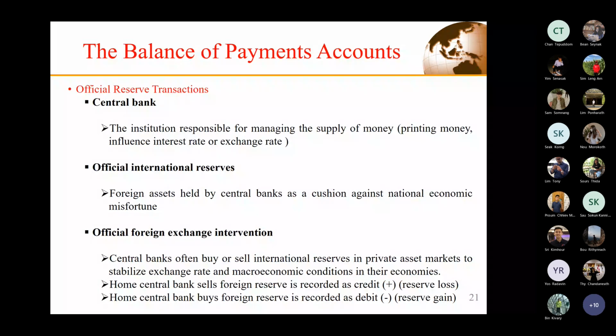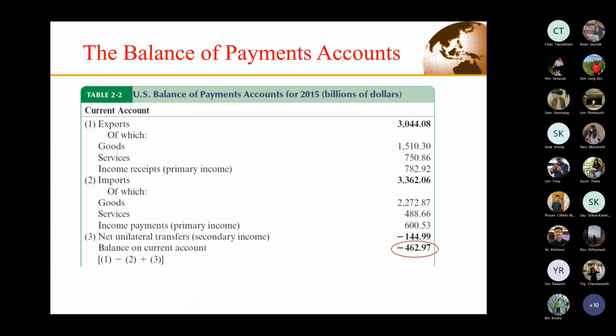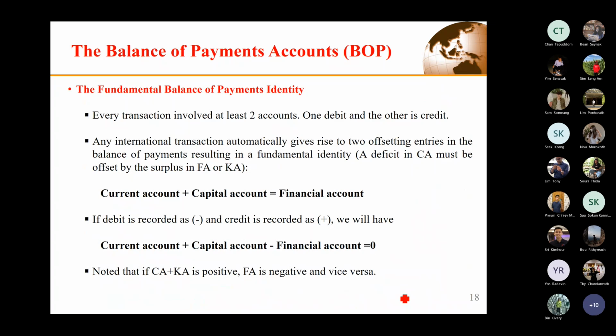Today, what I want to talk about is one of the elements in the financial account. Remember last week that in the balance of payments, we have 3 big accounts, right? We have the current account, the capital account, and the financial account.